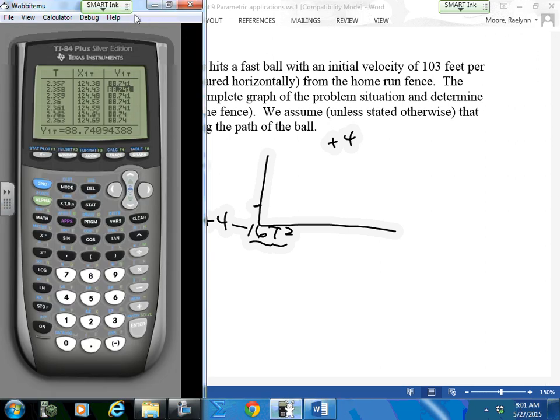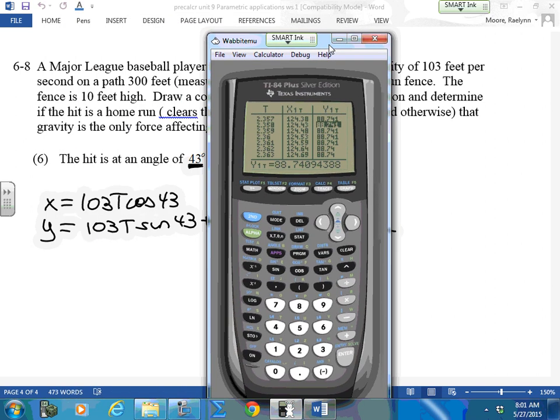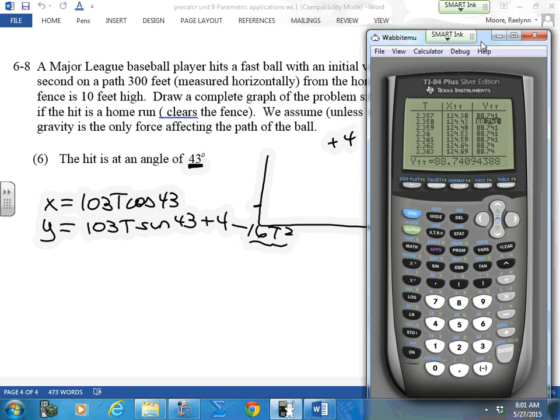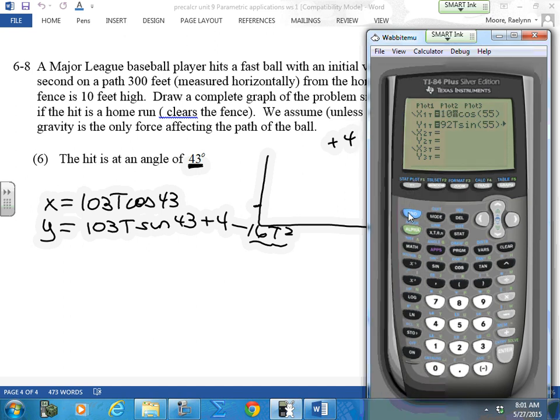Okay, everybody grab your calc. We're putting this in. All right. So we're 103. See, make sure you put your T in. Without T, it's not going to work.